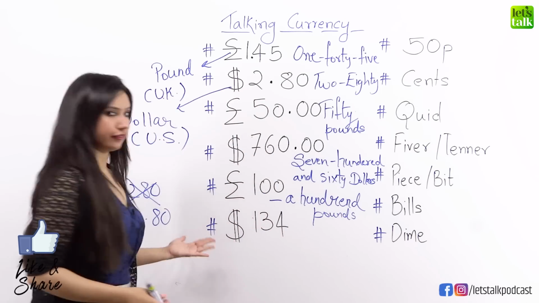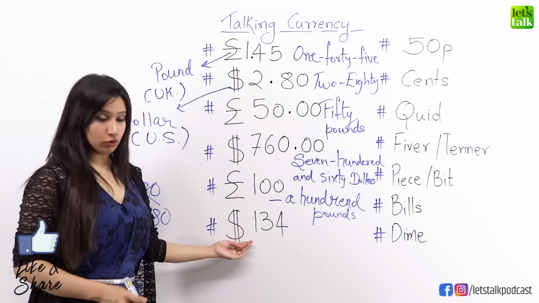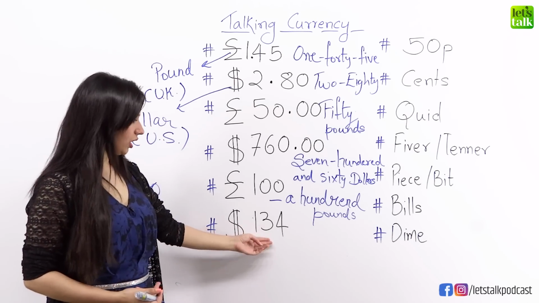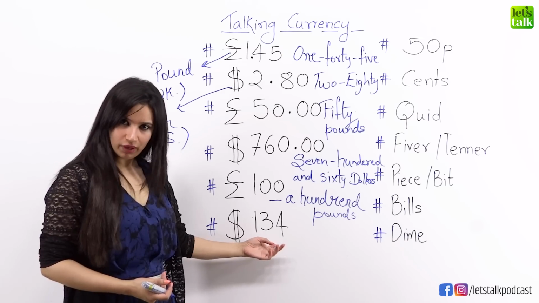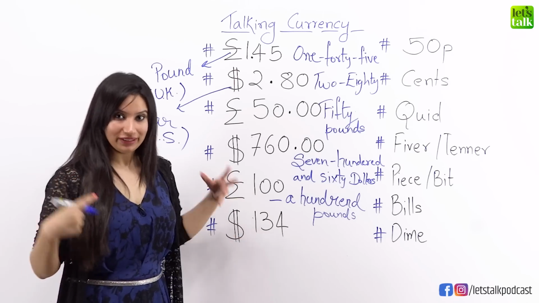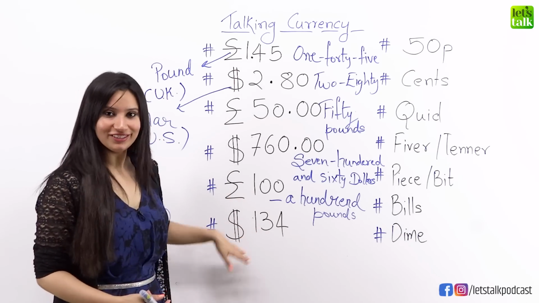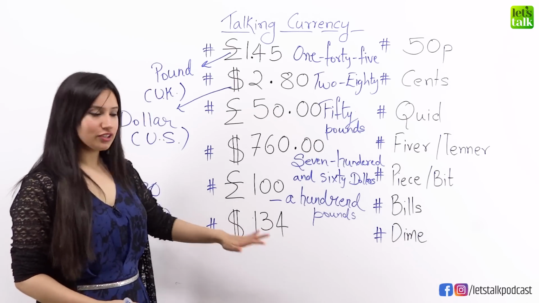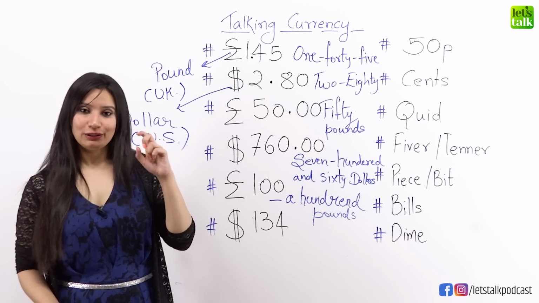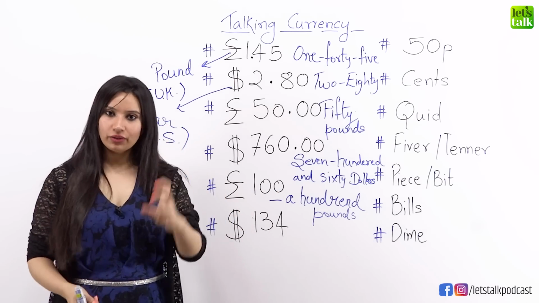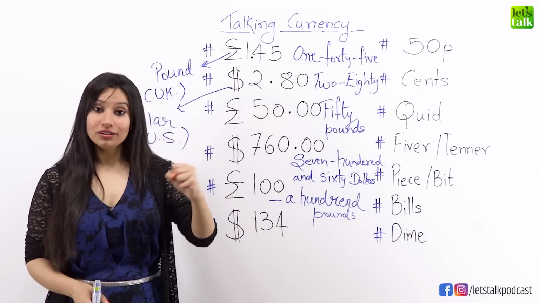Great. Now let's look at another figure where we are talking about dollars, but we have more than a hundred. We have 134 pounds, or do we still call it 134 pounds? Well, even right now, sorry, dollars, my bad, we'd still call it a hundred and thirty-four dollars. So the trick is, any number that starts with 1, you will replace it with a and not say the 1.